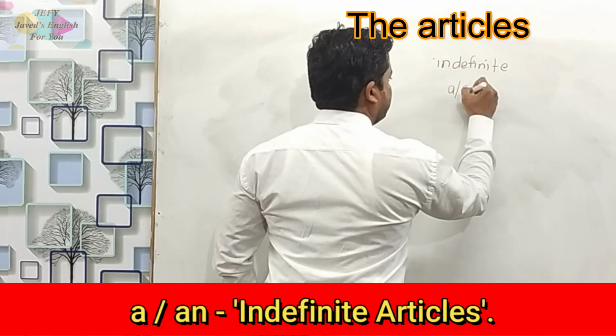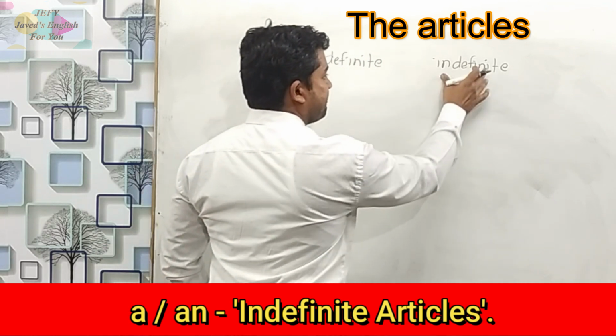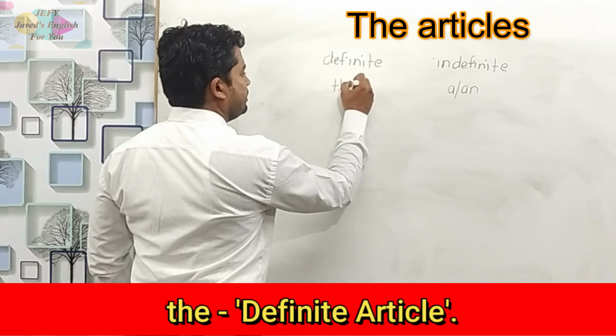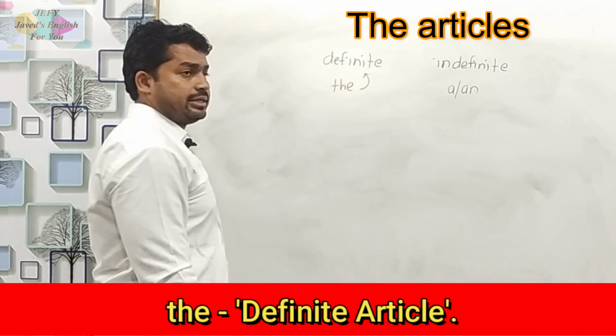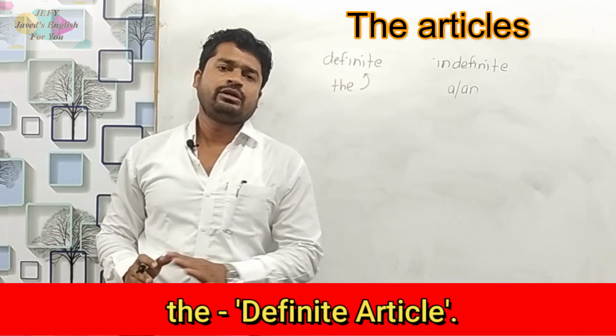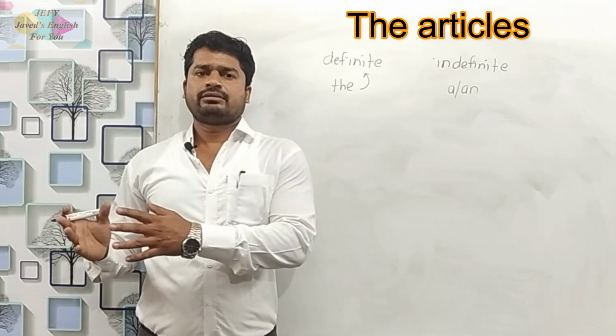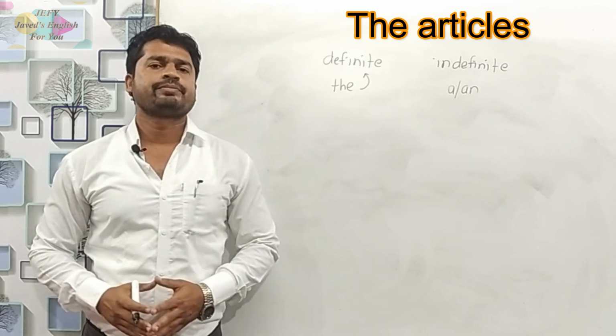A or an are called indefinite. Obviously the is a definite article. We know this much. Almost every one of us has learned it in either school or college.